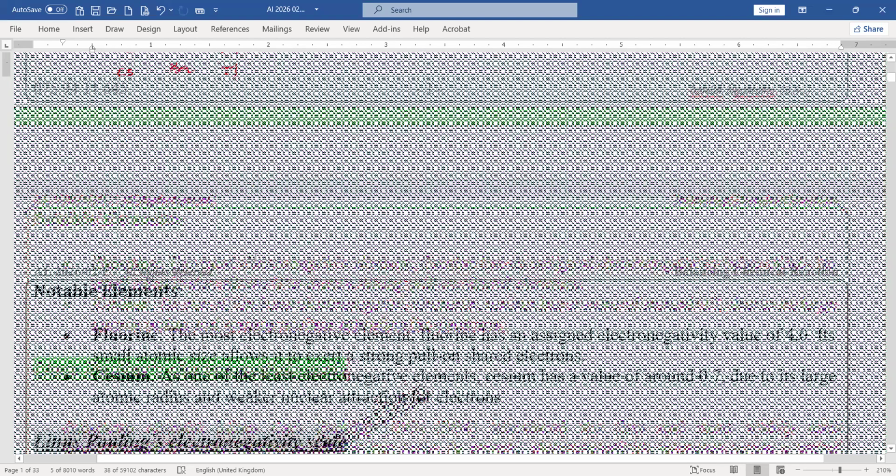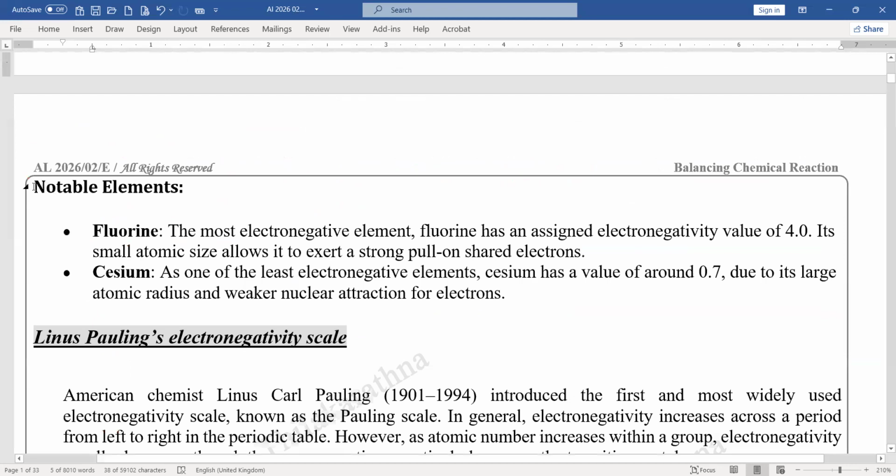See, noble elements means the elements found in group number 18. Earlier, in O-level, you said group number 8: neon, argon, krypton, xenon, and radon. Now we call them group number 18 elements or noble gases.